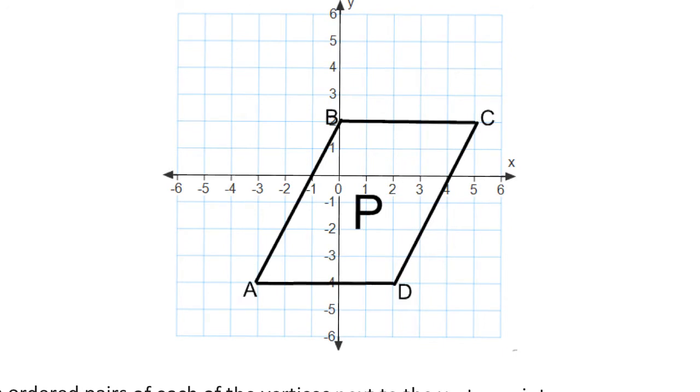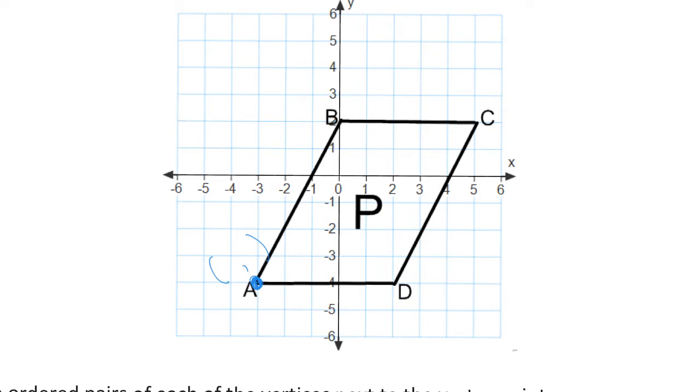So here I have the coordinate for A, and I'm going to write my parentheses. I know that when I start at 0, 0, which is right here, the origin, for my x-axis I have to go 1, 2, 3 over.